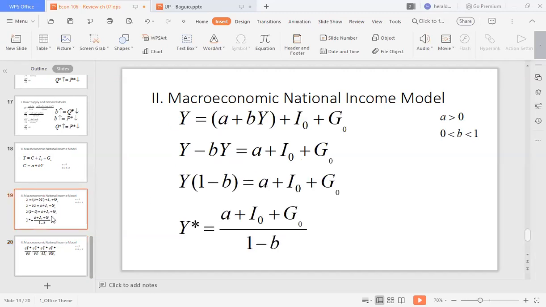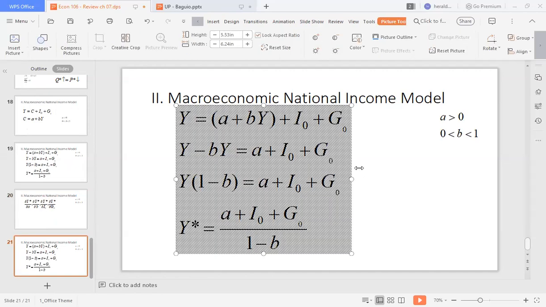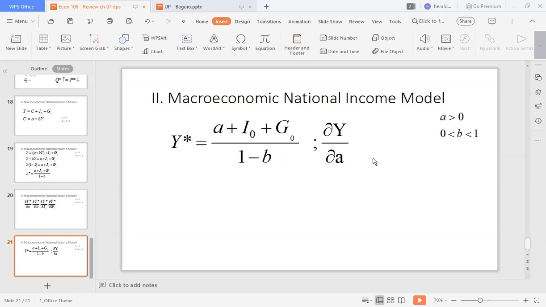We can first get this one. Again, we are solving for partial Y star over partial a. From the equilibrium value we solved, we'll get the partial derivative with respect to a here.